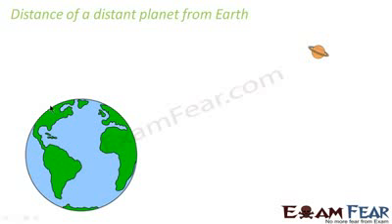So even here what we do, we observe the planet from Earth from two different observation points. Let us say we take one observation point as A, the other observation point as B. Now we observe the planet from these 2 points.